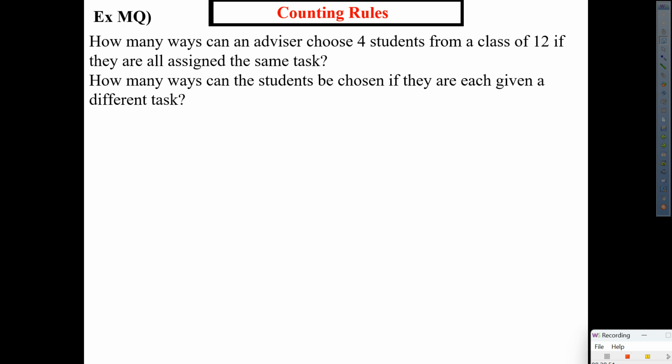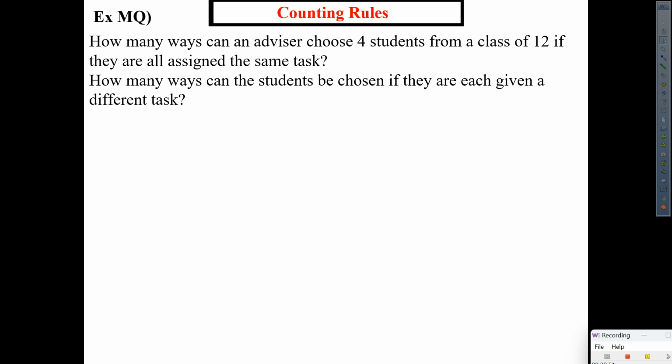All right. Pedro, go. For the first question. Vince. First one would be permutation because it doesn't show a specific order.